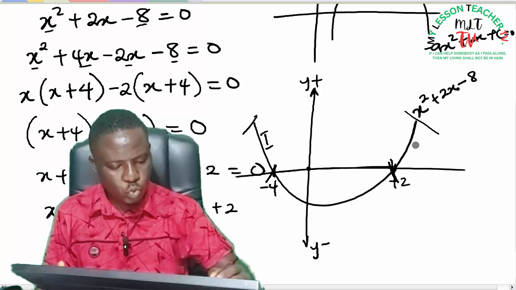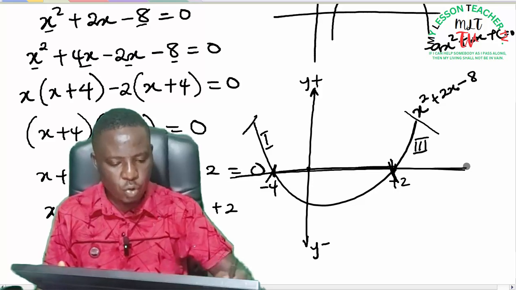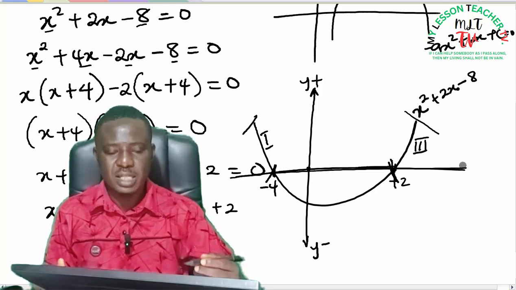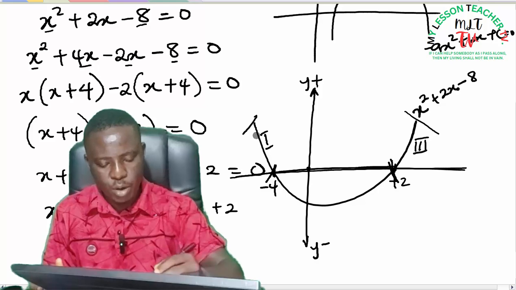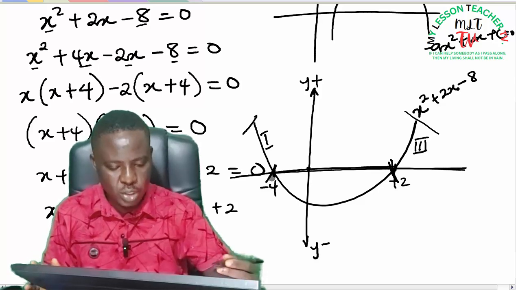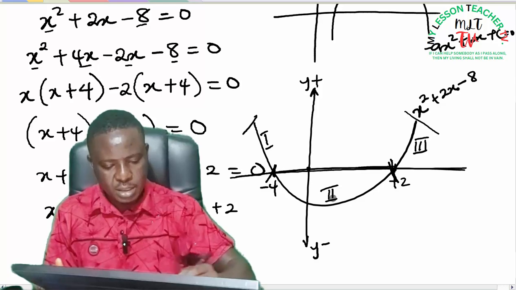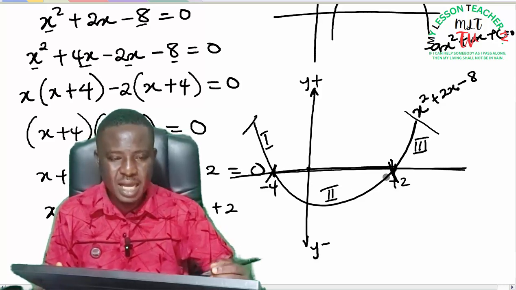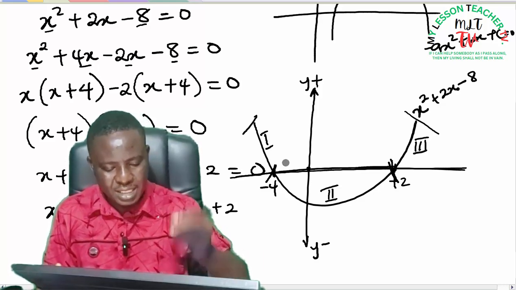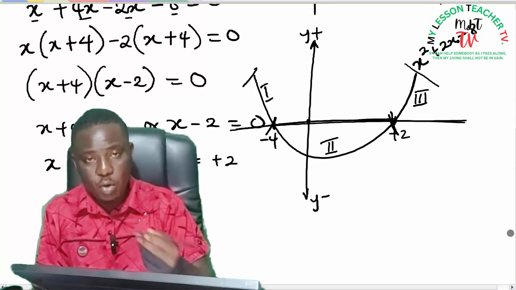Region 1 and 3 are said to be above the origin, which shows you that at these 2 points, the parabola is said to be greater than or equal to 0. But at region 2, we have it that this parabola is less than or equal to 0. And that is the solution to our question.